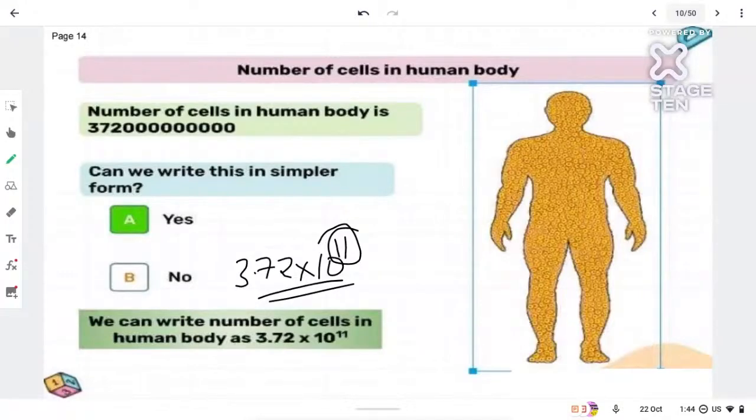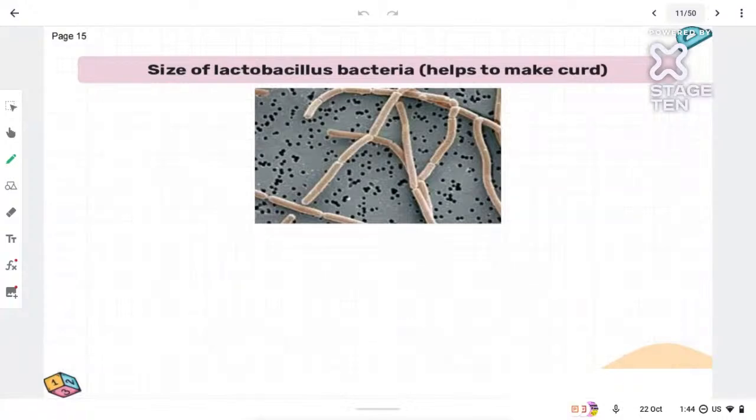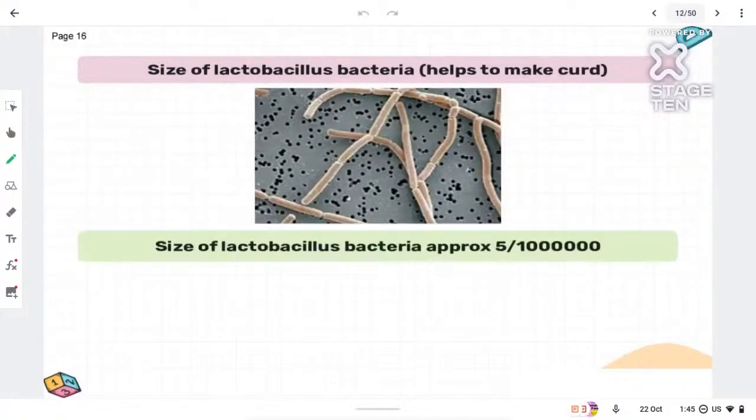But what if it is negative? Let's see another example. Size of lactobacillus bacteria. There are bacteria, microorganisms, germs, right? They are very, very small. We cannot see them clearly; we have to use a microscope. Lactobacillus is one such bacteria which helps us make curd. Now, the size of it is approximately 5 divided by 10 lakh, that is 5 divided by 1 million.